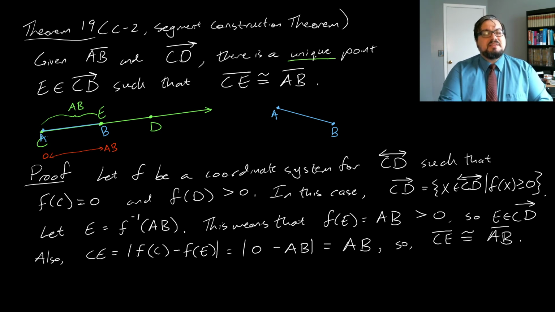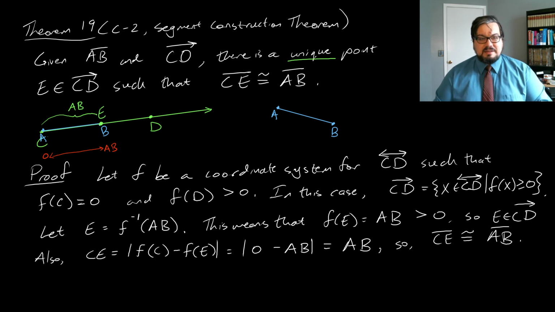The theorem said that there was a unique point E that made this happen. What we've done is we've constructed a single E that makes this happen. But we need to show that there aren't any others. A lot of times proving uniqueness will look a little bit like our original construction, but that doesn't mean that we can skip it.